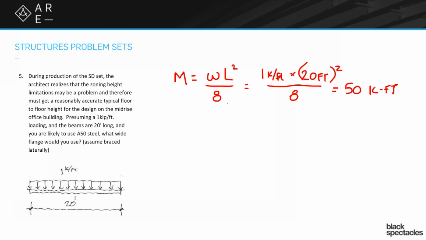Yep, so we have a moment of 50 kip feet, and we have some critical information that before we flip to the next page, which will help us pick our beam size, it tells us we're going to use A50 steel, so it's 50 KSI steel, and it also says that we're fully braced laterally, which means that you don't have to worry about not choosing the best beam that you possibly could, because it's nicely braced.